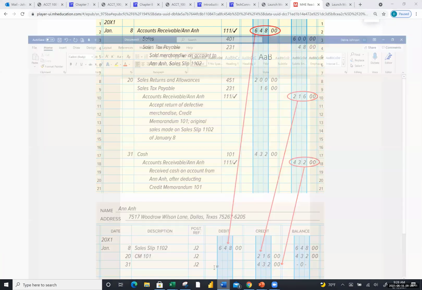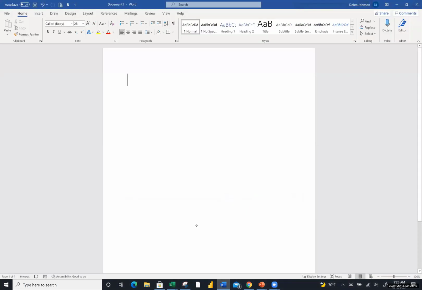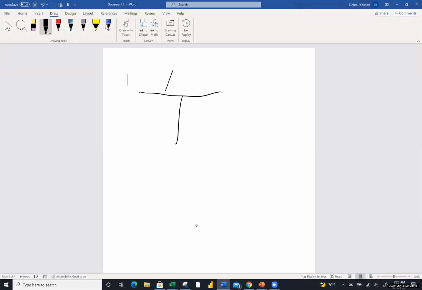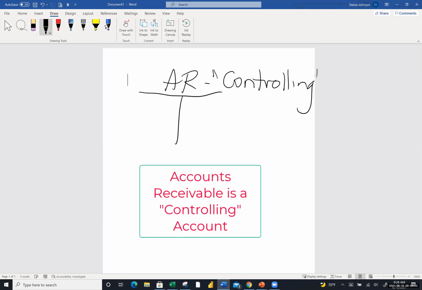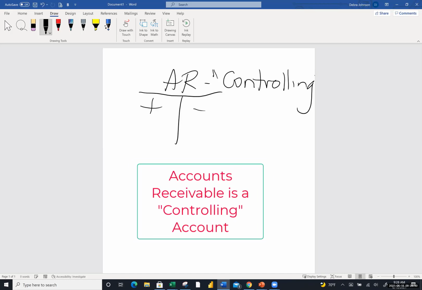So here's what it would look like, just using T accounts. Here's accounts receivable. This is what we call a controlling account. That hasn't changed except for the word controlling. And so we have all of these balances going in and going out. This is an asset account.